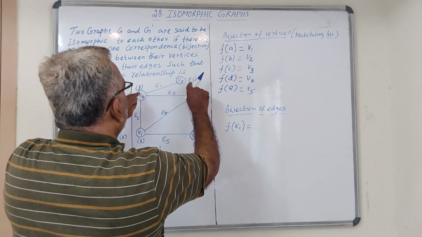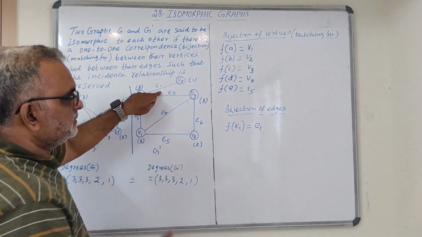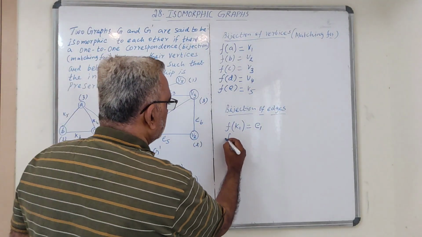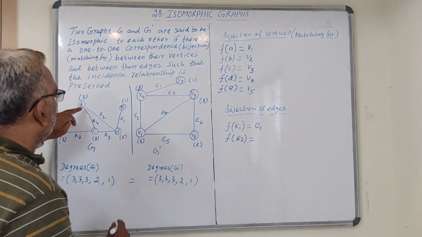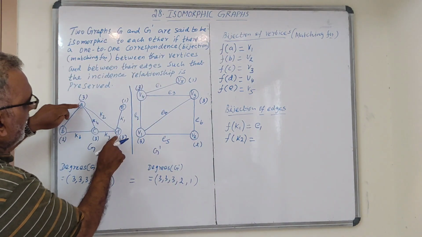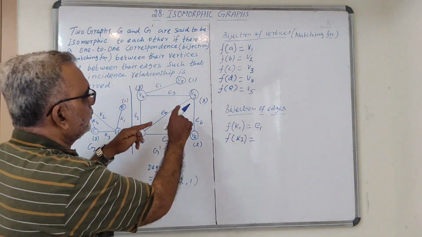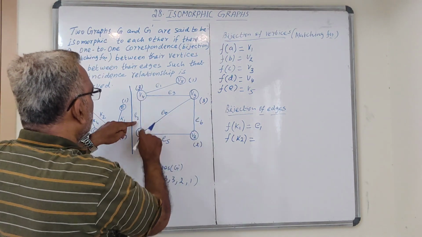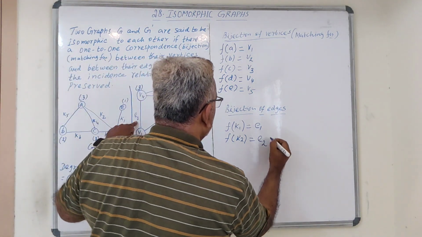Their degrees are 3 and 1. So E1 is the right match with K1. Similarly, the next edge K2 is connected with A and D. Their degrees are 3, 3. Now take E2. It is connected with V4 and V1. The degrees are 3 and 3. So E2 is the right match.